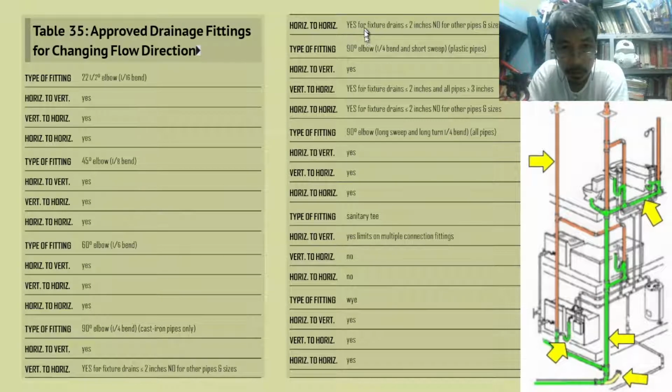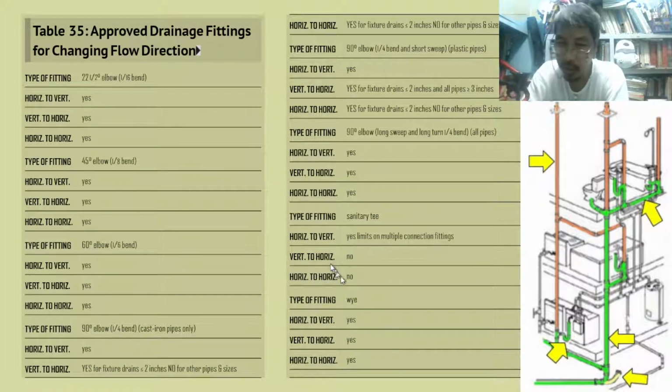So those are the things that we need to familiarize with. For example, the sanitary tee: horizontal to vertical, yes, with limits on multiple connection of fittings. We cannot use it in any other orientation.